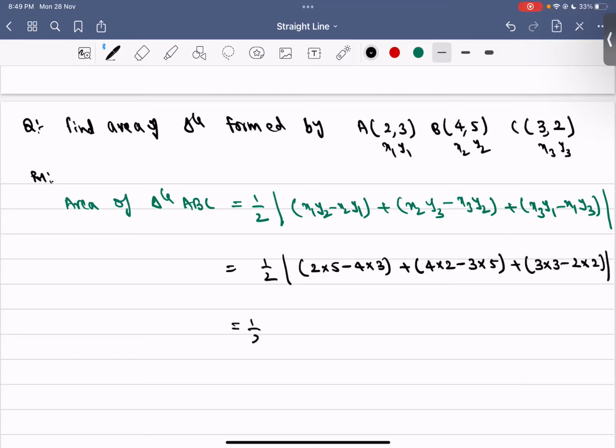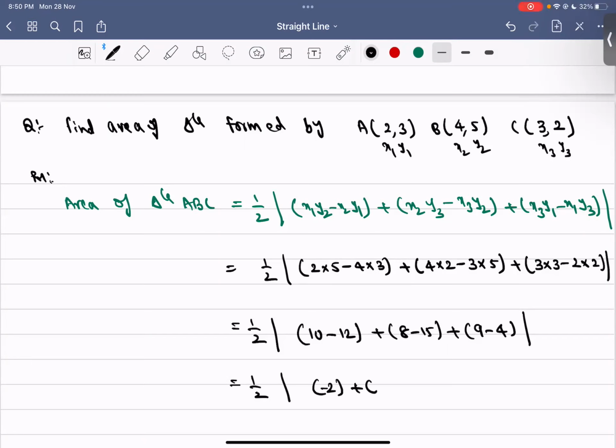Calculate this one. That is 1 by 2 into 10 minus 12 plus 8 minus 15 plus 9 minus 4. Which equals 1 by 2 into minus 2 plus minus 7 plus 5.